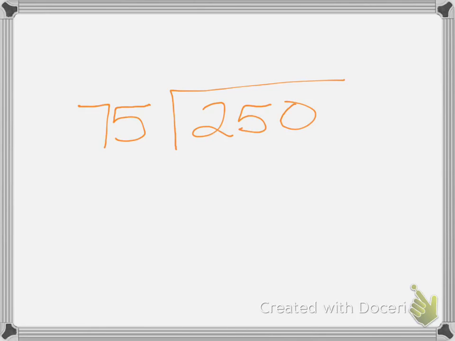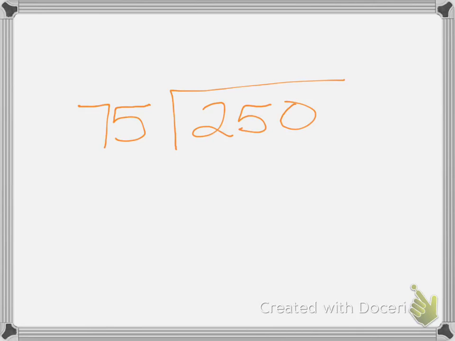And so we need to ask ourselves, how many times does 75 go into 25? It cannot. So we have to say, how many times does 75 go into the whole 250? Well, I do not know off the top of my head how many times 75 goes into 250.